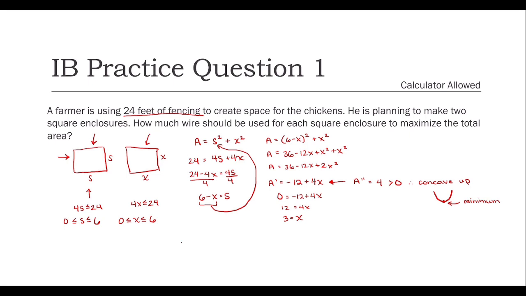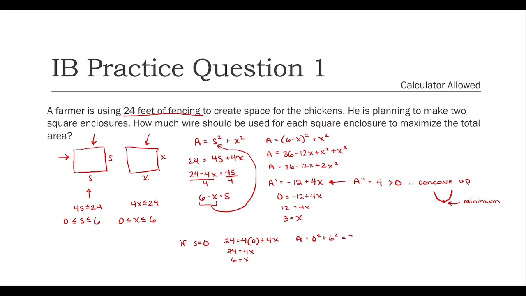So if S equals 0, our total fencing still has to be 24. So 24 would equal 4 times S, which is 0, plus 4 times X, which gives us that 24 equals 4X. So X equals 6. So if X equals 6 and S equals 0, our area will equal S squared, so 0 squared, plus 6 squared.